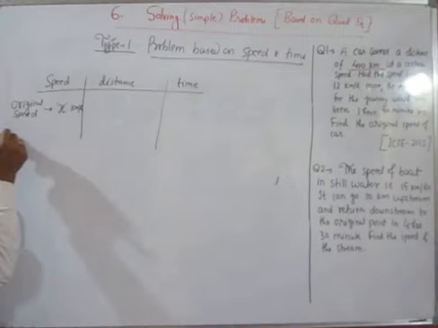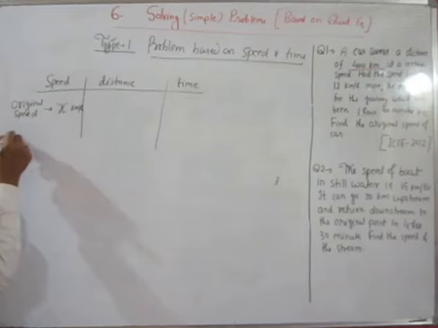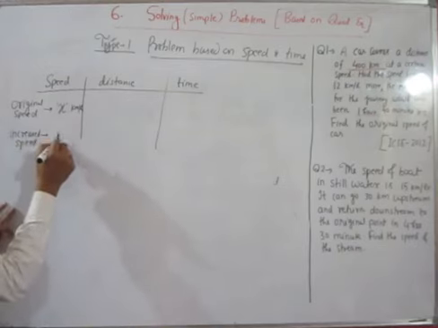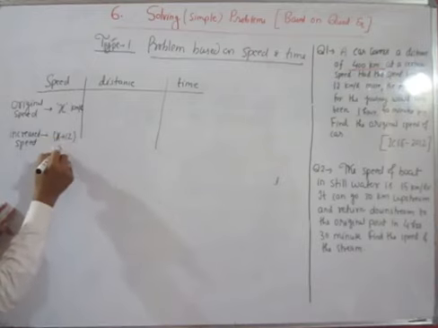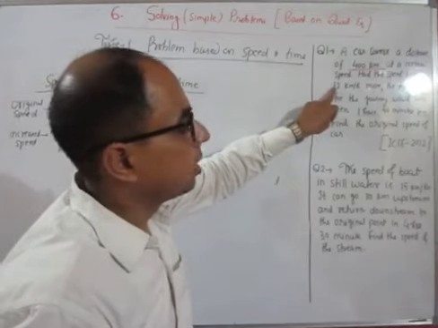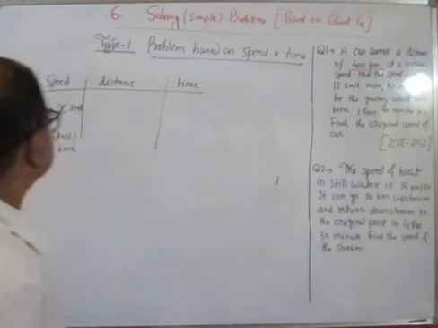Now the speed has been increased, so the increased speed of the car is x plus 12 km per hour.